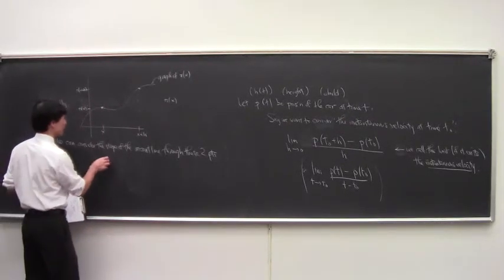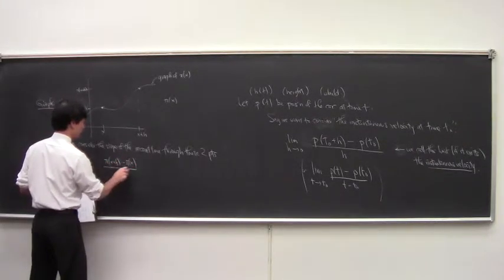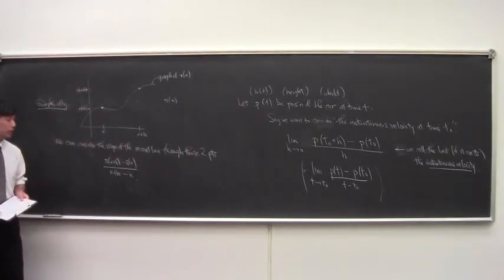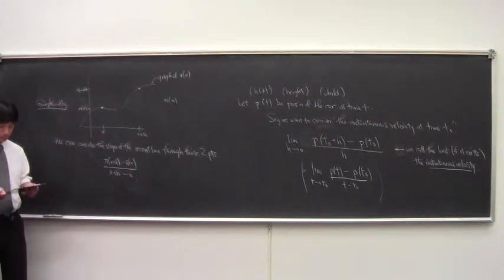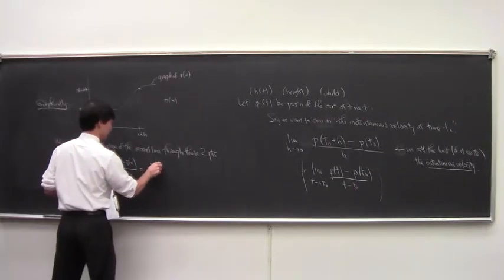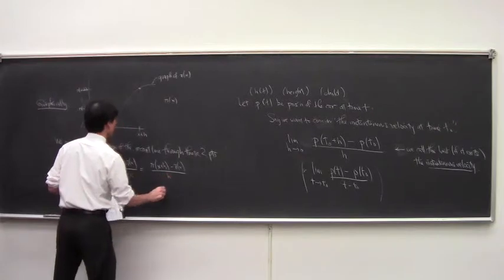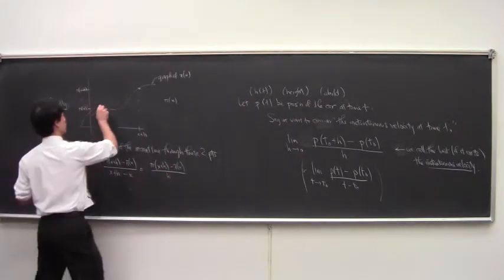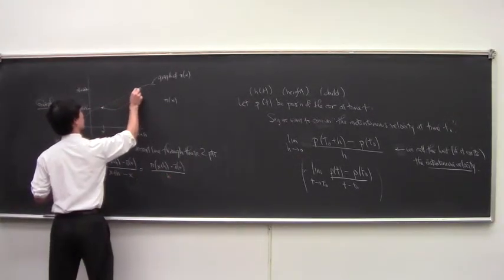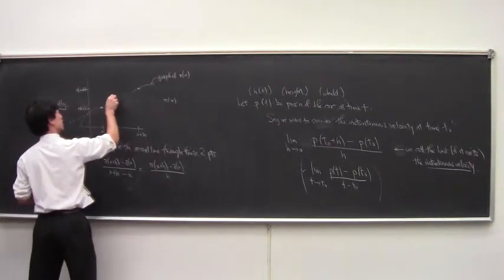So p of x plus h minus p of x, over x plus h minus x, the change in y over the change in x. So that's the slope of this line here. This line is called the secant line.